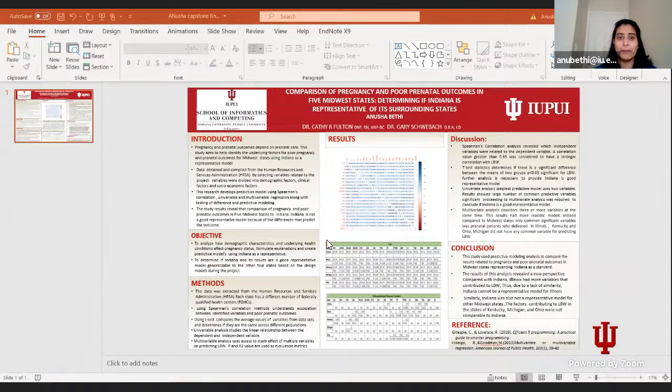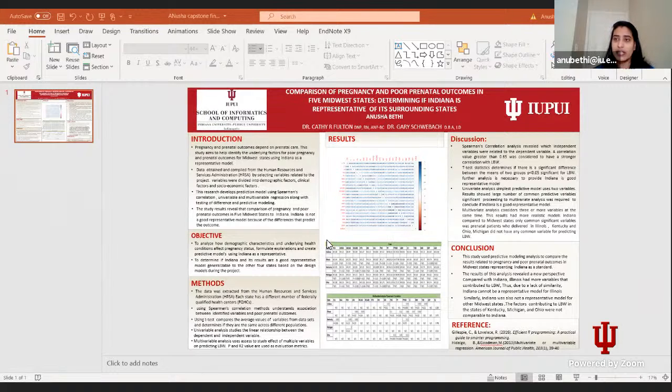My main aim was to identify the underlying factors for poor pregnancy and prenatal outcomes for all the Midwest states, using Indiana as a representative model. The data was obtained from HRSA, the Health Resources and Services Administration, by selecting variables related to the project.